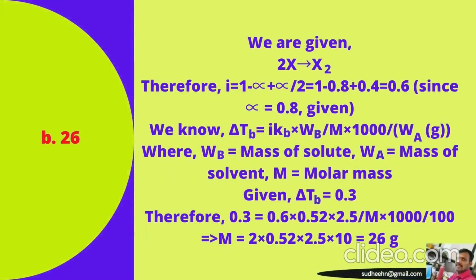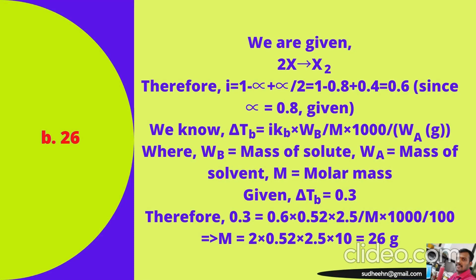And the right answer is option B, that is 26, because we know the relation: X2 dissociates to give 2X, that is when i tends to 1 minus alpha plus 2 alpha by 2, it is going to give the value 0.6, where alpha is equal to 0.8.